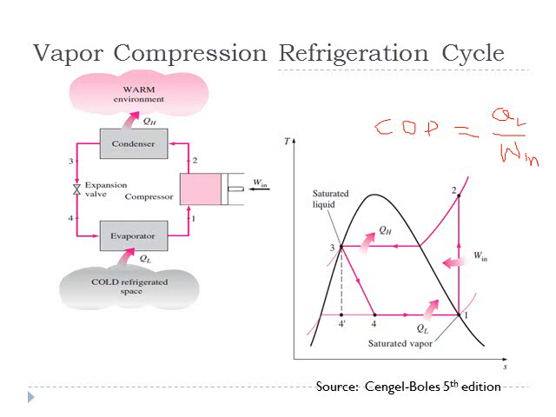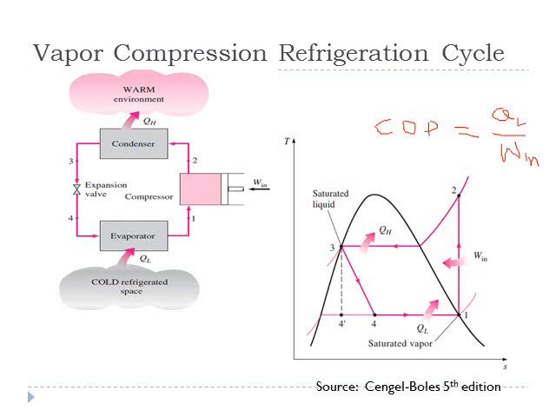Since the area under a line on TS diagram gives us the heat exchange value for that process, and the area under 1 to 2 line is 0, that means no heat is exchanged during this process. So basically compression process is reversible adiabatic process, or we can call it isentropic process.